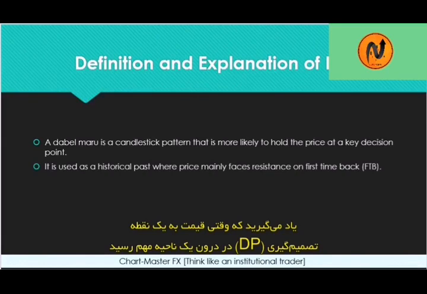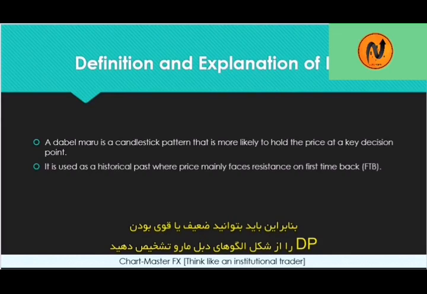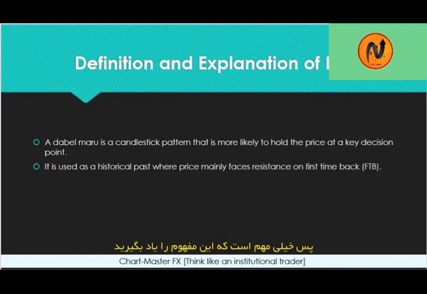In order for you to filter the best decision point, you need to look at whether that decision point has got a characteristic of a Dabel Maru. Basically we have 5 types of Dabel Maru. So you need to be able to see which decision point has got the characteristic of this Dabel Maru.